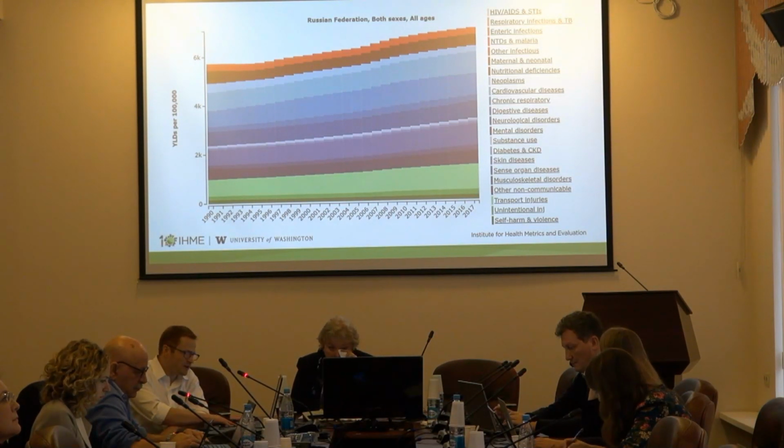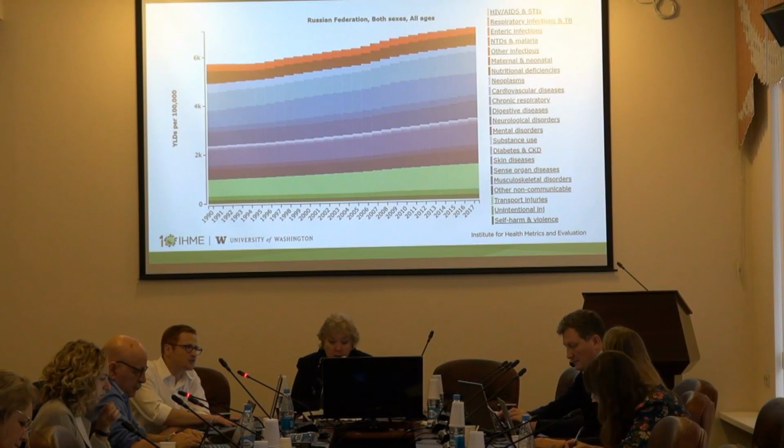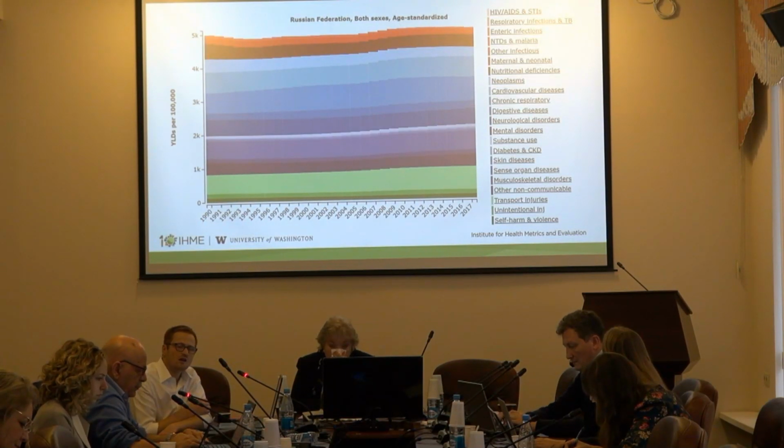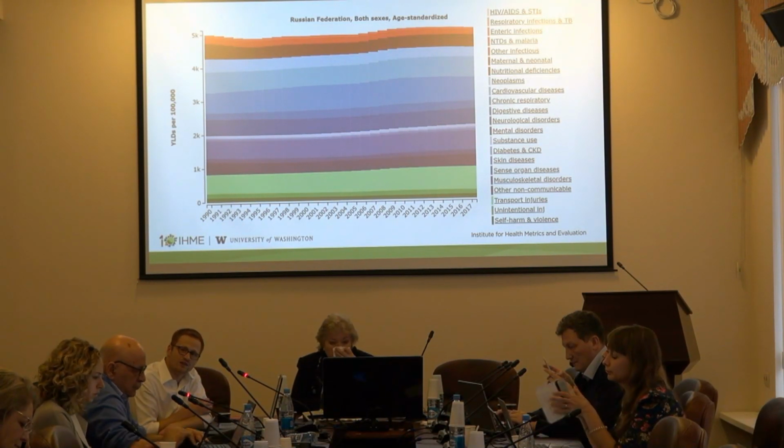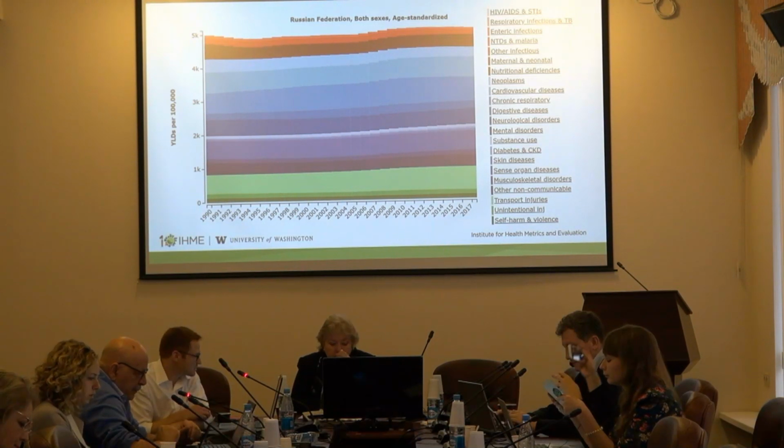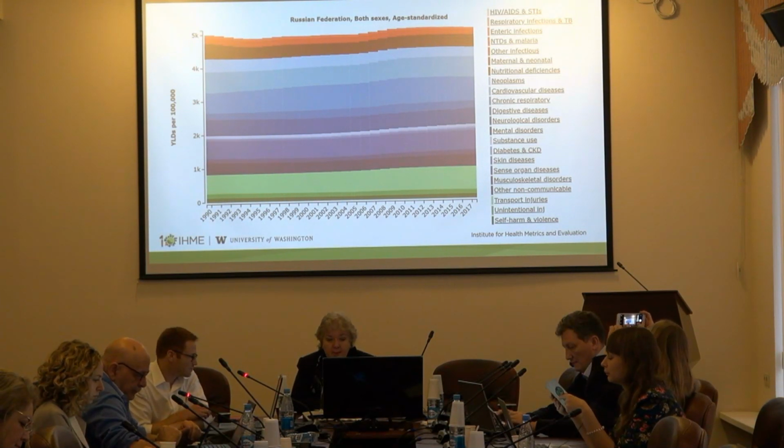If we adjust for the changing age structure of the population and look at age-standardized rates, we actually see that things haven't really changed all that much. Within a given age category, things have stayed pretty similar over time.